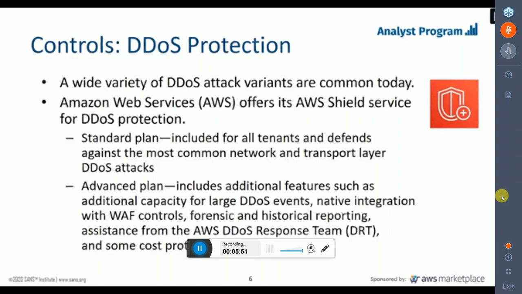And so what we're going to do is introduce a fabric layer that is available for DDoS protection services. First off, just to note, anybody that's deployed in AWS gets a standard plan.